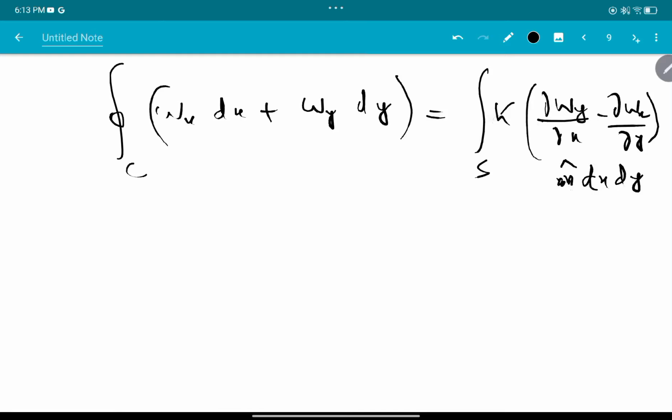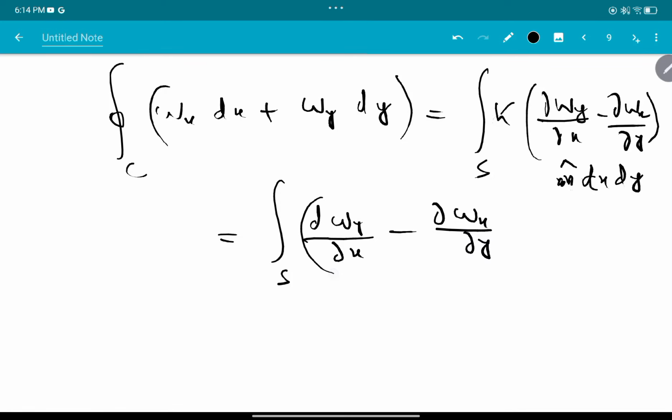The dot product of two parallel vectors is simply the numerical product, and that means we have this theorem done: the double integral of (dWy by dx minus dWx by dy) dx dy, where I have taken k dot n, the unit vector, which is just one, simply a number. So this is Green's theorem.